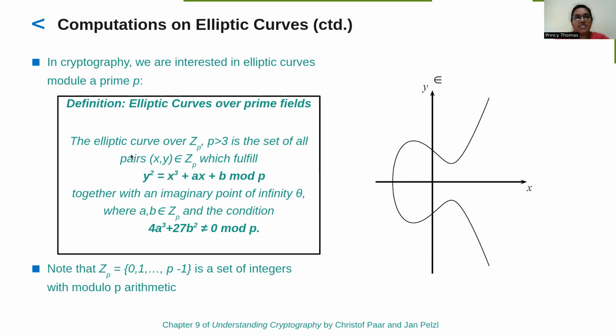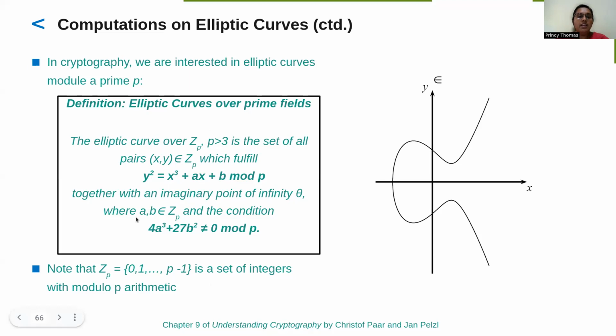Okay, so once again, let's just read this. The elliptic curve over Z_P, where Z_P is equal to 0, 1, and so on up to P minus 1 with modulo P arithmetic, and we choose a P which is greater than 3, is the set of all points which are elements of Z_P and which fulfill this particular equation, together with an imaginary point at infinity theta.